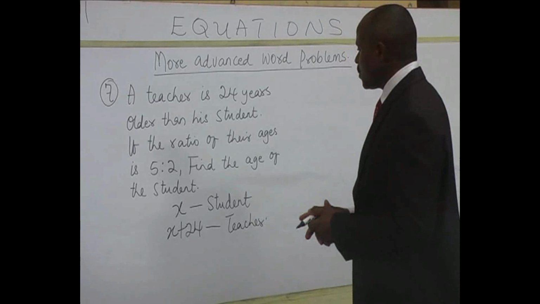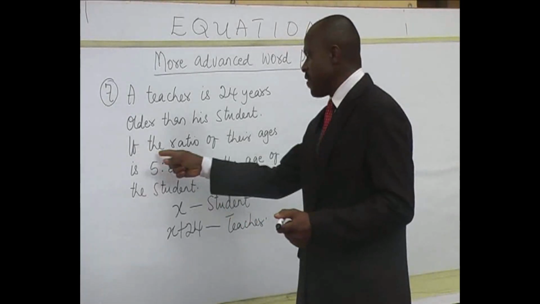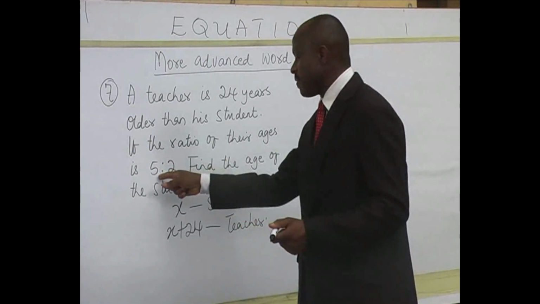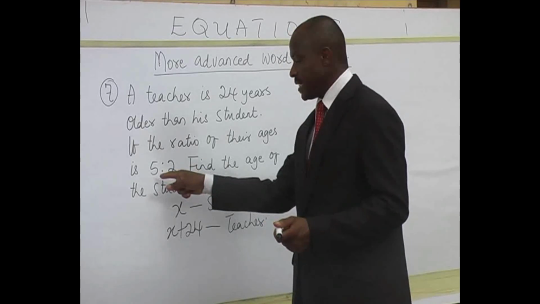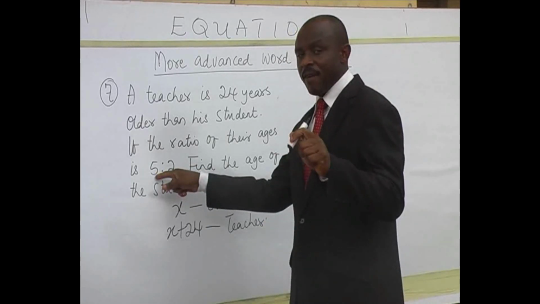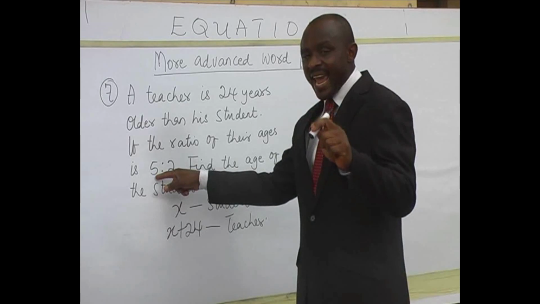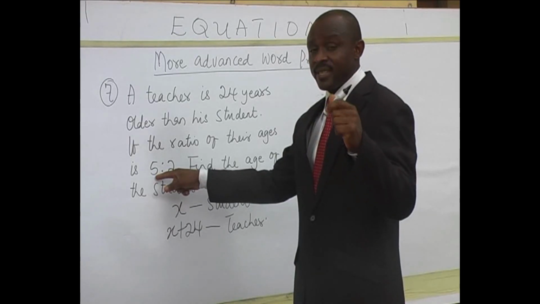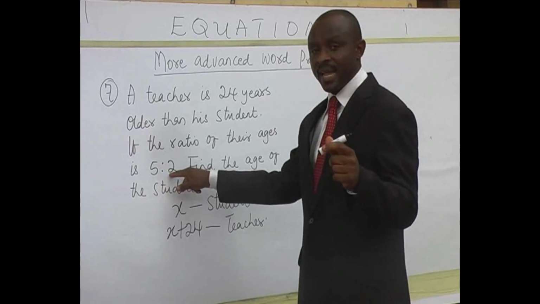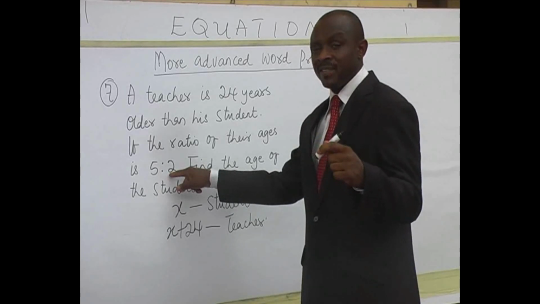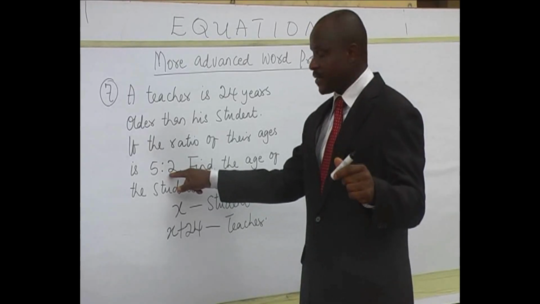Now, the question went further and said the ratio of their ages is 5:2. Since 5 is greater, 5 will be equivalent to the age of the greater person, which is the teacher, while 2, that is smaller, will be the age of the lesser person, which is the student.